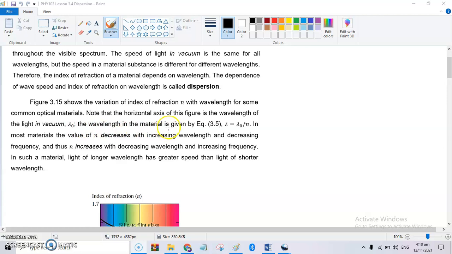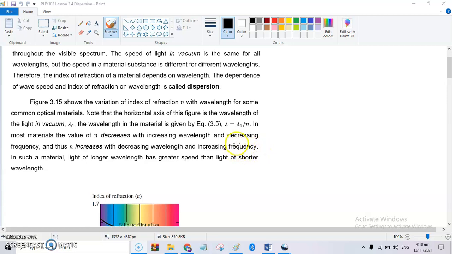The wavelength in the material is given by equation 3.5, lambda equals lambda 0 over n. In most materials, the value of n decreases with increasing wavelength and decreasing frequency. Thus, n increases with decreasing wavelength and increasing frequency.